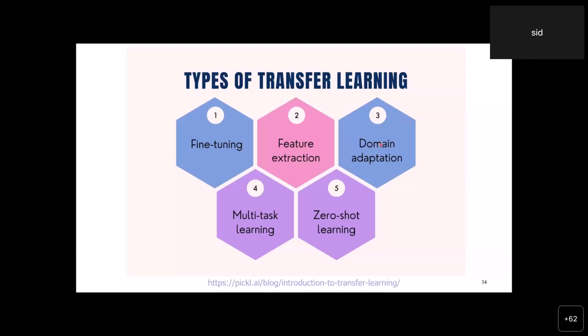Next, we have domain adaptation, multitask learning, and zero-shot learning. If you're interested, we can talk about this later on. In multitask learning, we simultaneously train a model to perform two different tasks, spam detection in English and spam detection in Russian. So two different tasks, but they are trained together. There's an inductive transfer of knowledge between the two tasks.